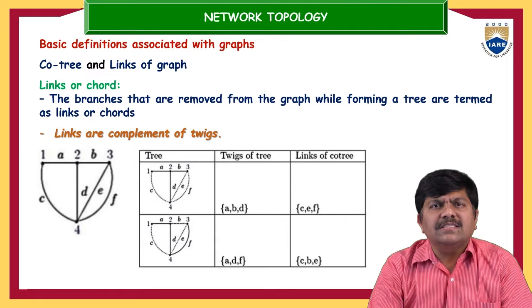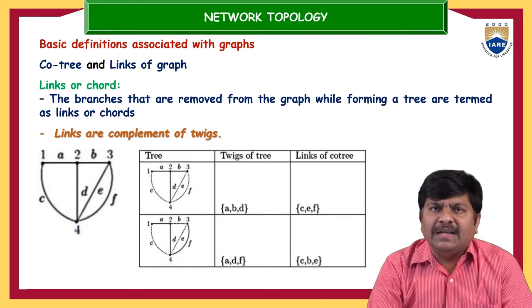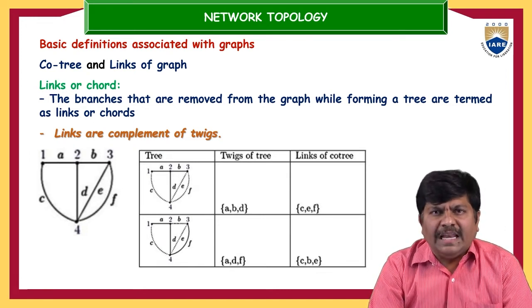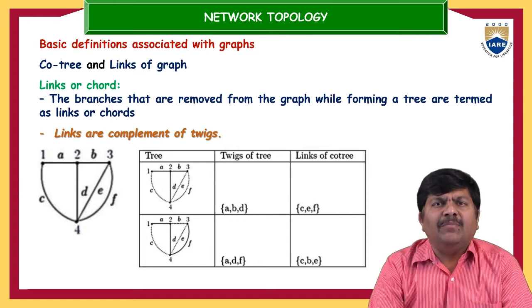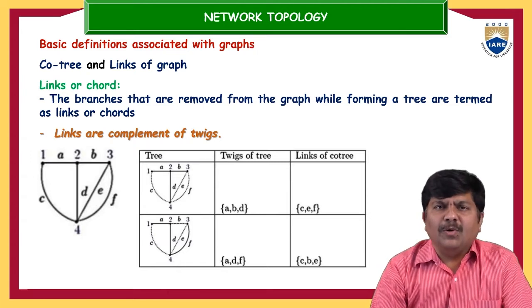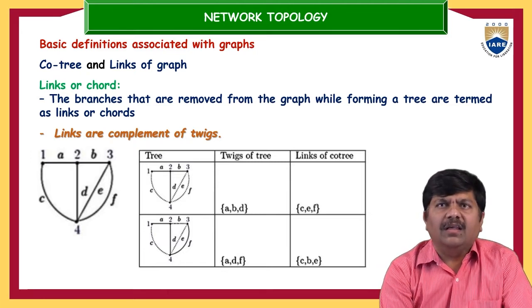The elements were removed in order to avoid the formation of closed paths in the graph, in order to develop the tree. So the elements we have eliminated are the chords or links. Suppose you take this particular graph, there are A, B, C, D, E, so 5 elements and 4 nodes. Now what is the tree?